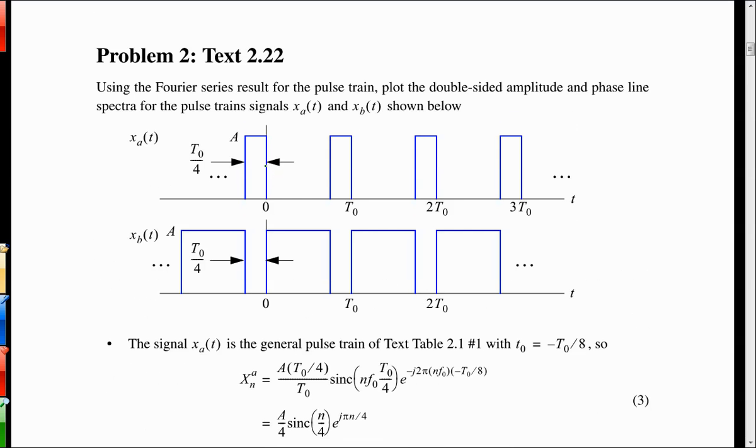This problem is a variation on the pulse train, looking at the coefficients formula. These are actually complementary waveforms, aren't they? If you look at them, one's the complement of the other. A property that I have for Fourier coefficients is related to adding constants and phase shifting.